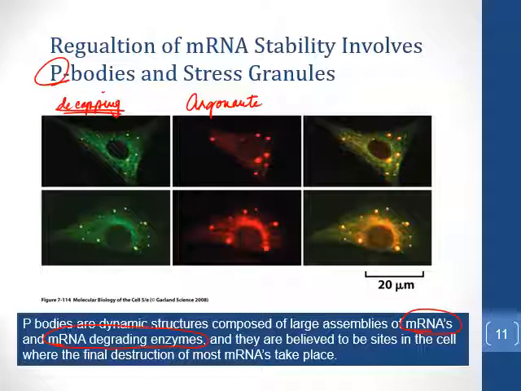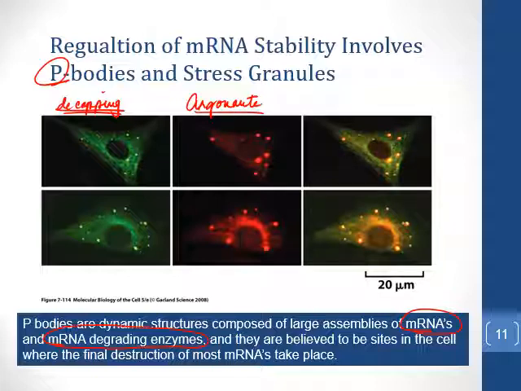We're going to see a little bit later on, in a couple of slides from now, that argonaute is also involved in mRNA degradation. But the point is, argonaute and the decapping enzymes end up co-localizing in cells.